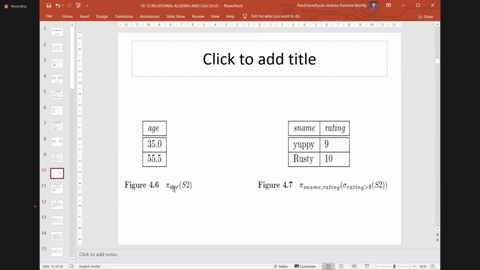Right. Sometimes you want the combination of both selection and projection.